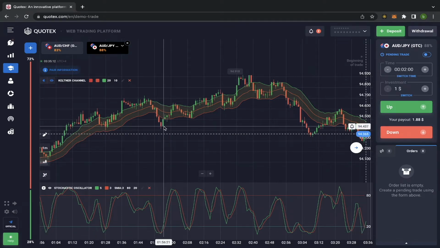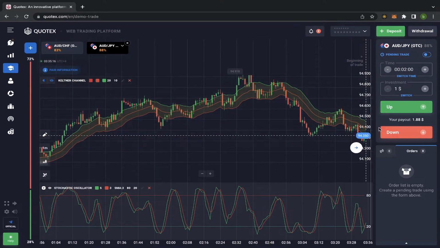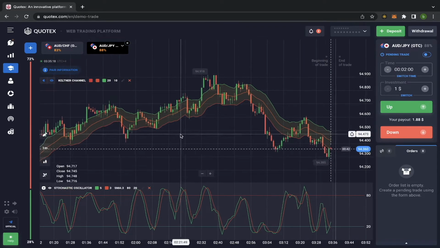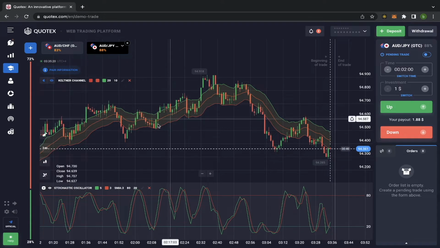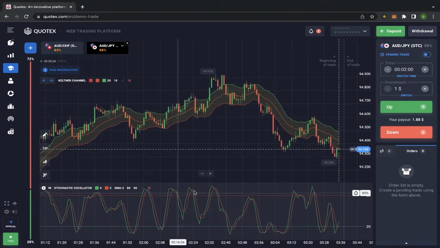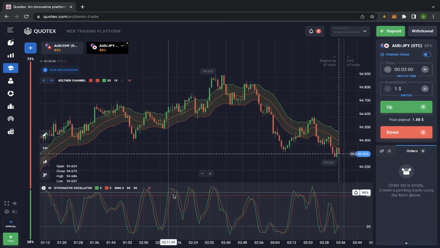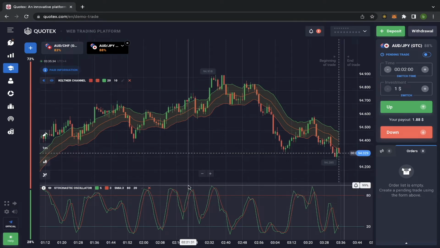After that happens, you place a buy trade or up for 2 minutes, and the same goes for a sell trade. You'll wait for the candles to break out from the top of the Kettner channel. Look for an overbought market where both the stochastic oscillator lines are crossing the overbought line. Then for a signal to sell, you'll wait for the green line to cross the red line moving down.